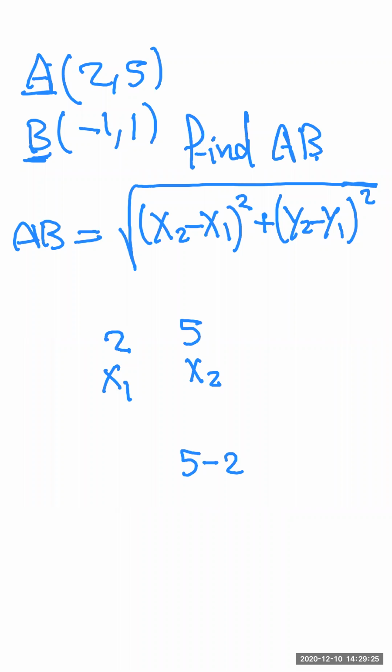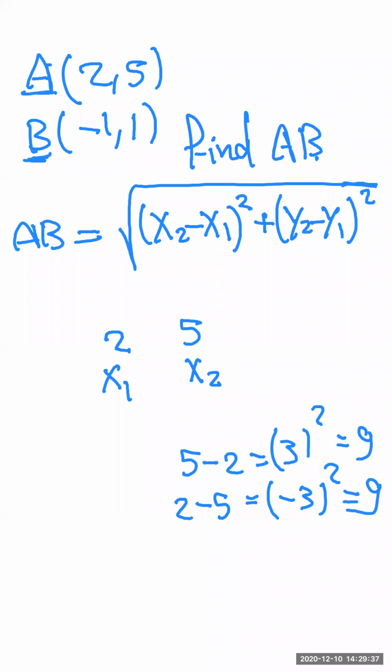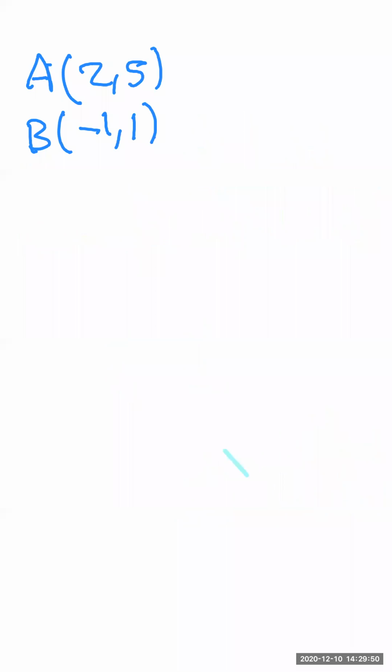And x1 minus x2 will equal 2 minus 5. This one will equal 3 and this one will equal negative 3. Both of them are squared. So finally, this one will equal 9 and this one also will equal 9. So x2 minus x1 is the same as x1 minus x2 because it's a squared term. Okay? So there is no difference. Okay, let's continue.